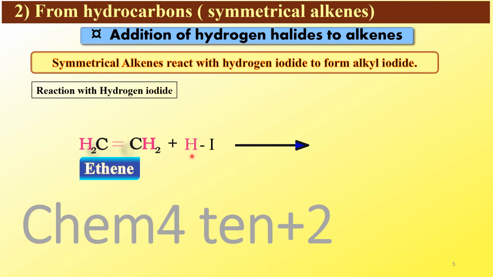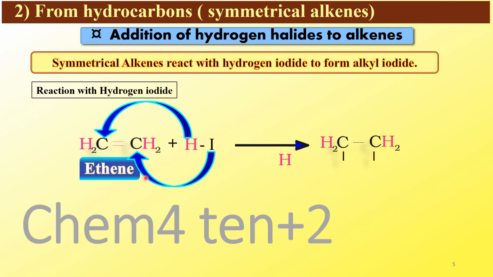When it is treated with HI, that is hydrogen iodide, the reaction proceeds in similar way, wherein the double bond of alkene breaks and the addition of HI takes place along the carbon-carbon double bond. So, hydrogen atom of HI goes to one carbon atom and iodine of HI goes to another carbon atom.